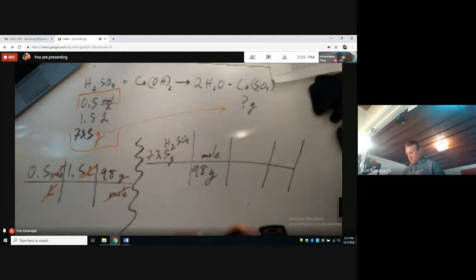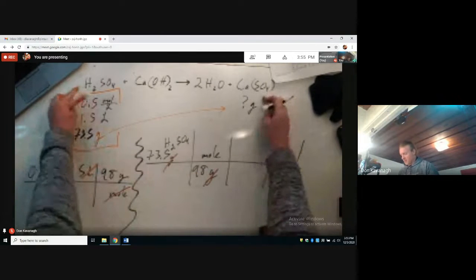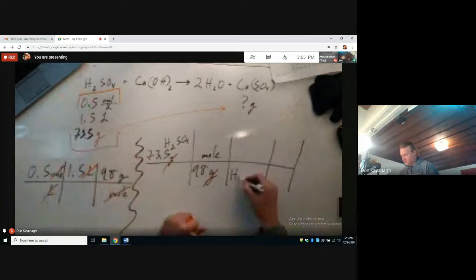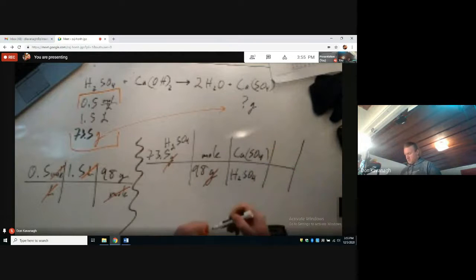Grams cancel, from the periodic table. Using the ratios from the balanced chemical reaction, H2SO4, CaSO4, they are just in a 1-to-1 ratio.